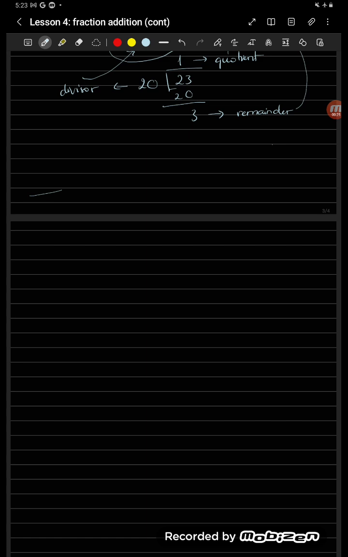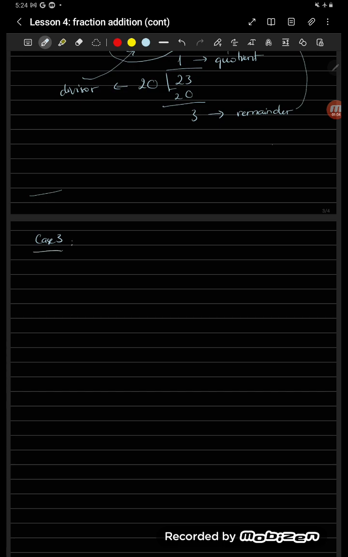And in case 2, we added different fractions that have different denominators, where one of the denominators is a multiple of the other denominators. So today we'll talk about case 3.